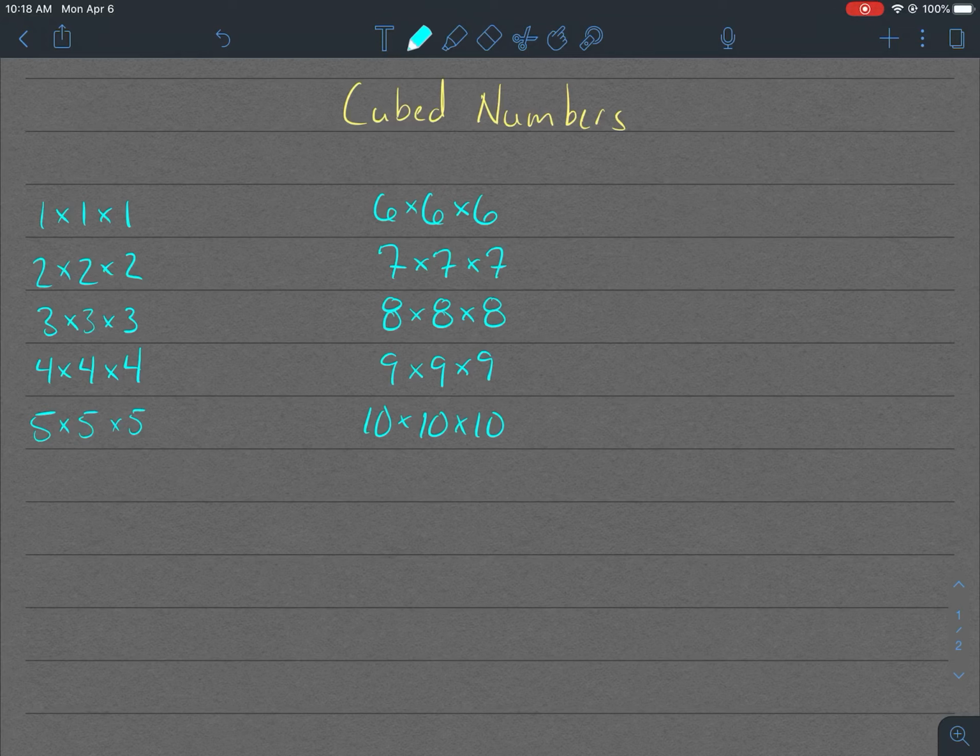Well, let's go to 12, just to be on the safe side. 11 times 11 times 11, and then 12 times 12 times 12.